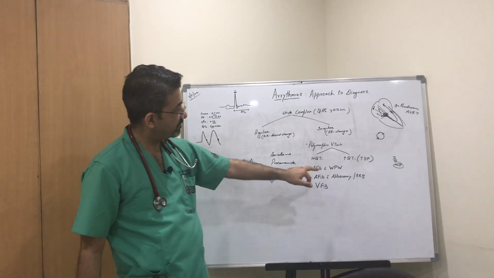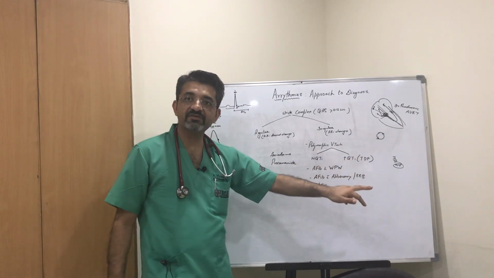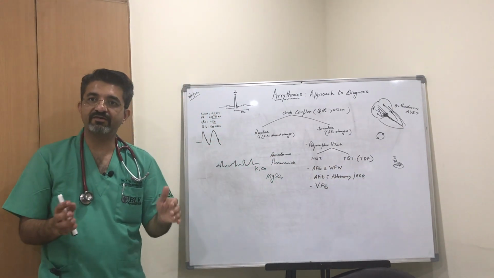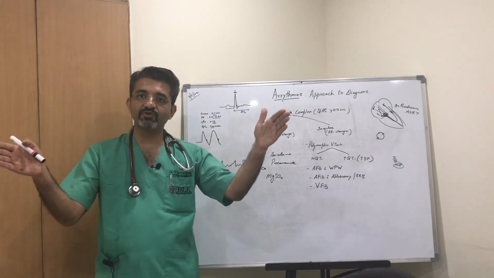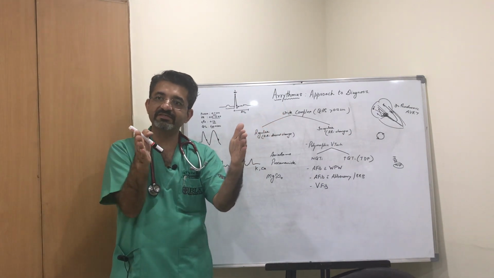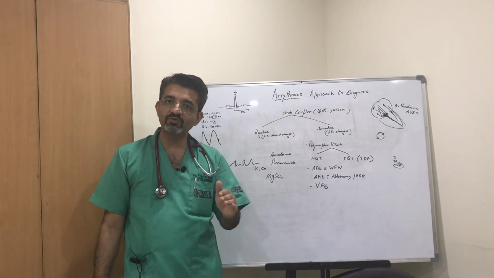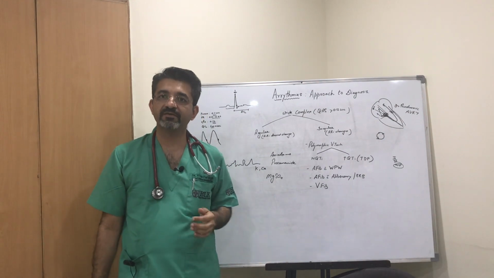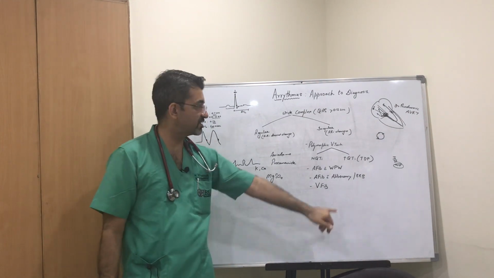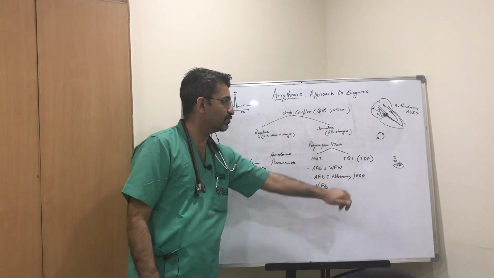The other way of treating prolonged QT interval rhythm is you increase the heart rate. If you increase the heart rate, your QTc prolongation decreases. So it's known as overdrive pacing. You do overdrive pacing in a patient who has polymorphic VTAC with prolonged QT interval.